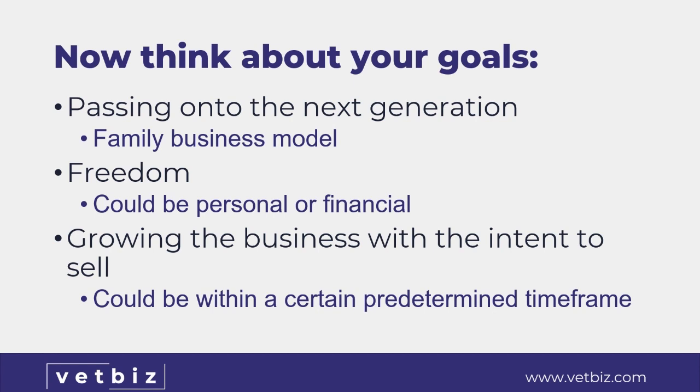And then he wanted to sell it off and maximize his profit. So work very hard for 5 to 7 years in the business, grow it as much as possible, and then make a profit off of it and wash his hands clean of it. That's just one example. So having these solid, clear goals from the very beginning is something that you should critically think about. And on the next slide, we'll have some more examples here.